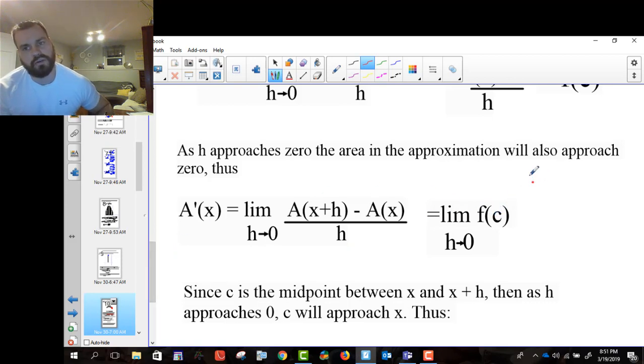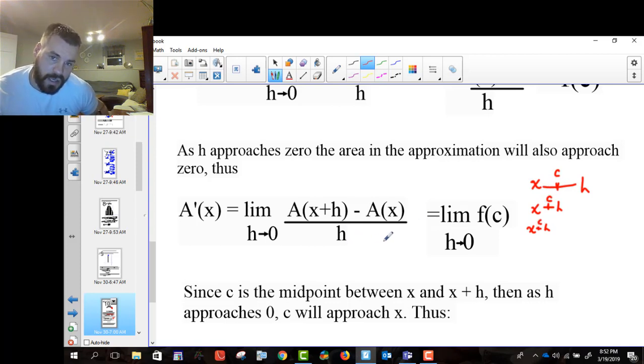But as h gets smaller, because c is in between x and x plus h, imagine c is right here at the midpoint, and as h gets closer, c is right here. And if h gets even closer, then c is in the middle of that. So as h approaches 0, c, the midpoint between x and x plus h, is going to approach x.